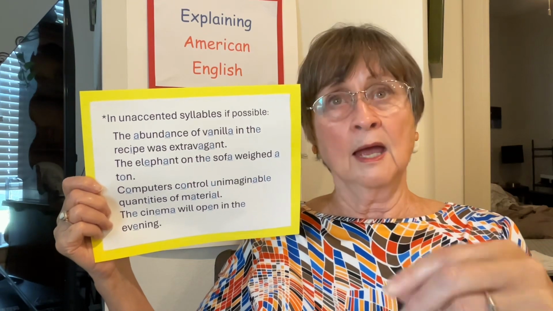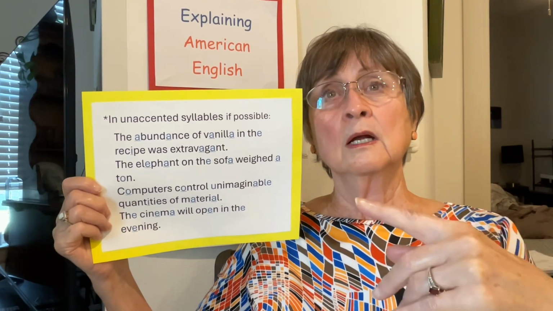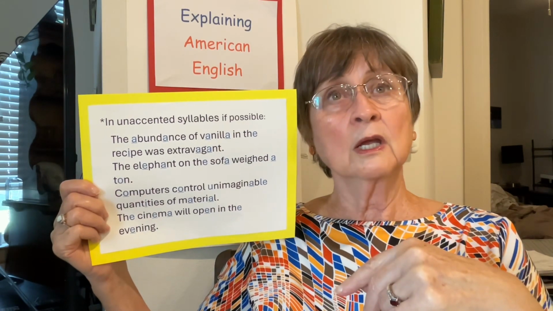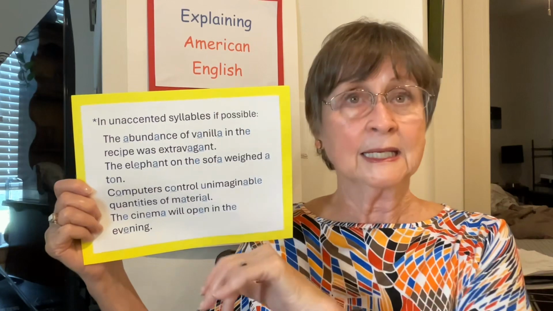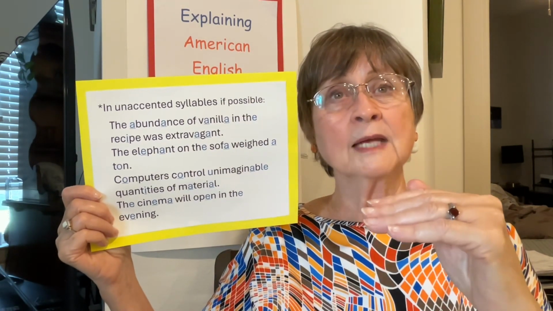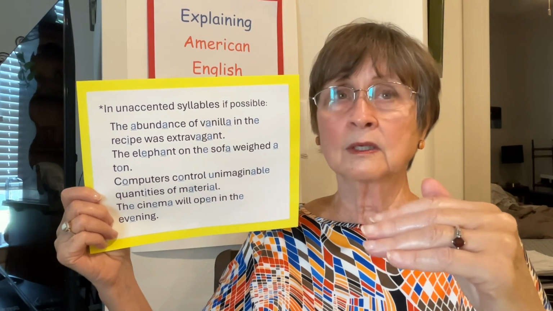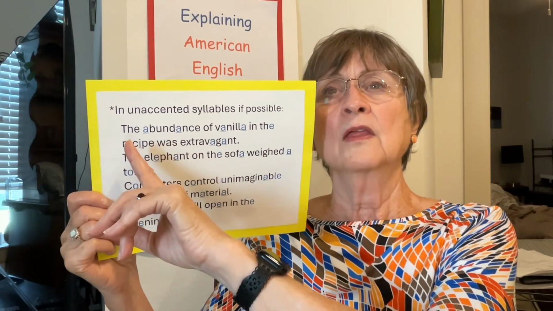In unaccented syllables, those that we say softer, if possible, we're going to say the short U sound. It doesn't always work. It may mess up the meaning and then we can't do it. But if we can, if it's not accented, we are going to say it.